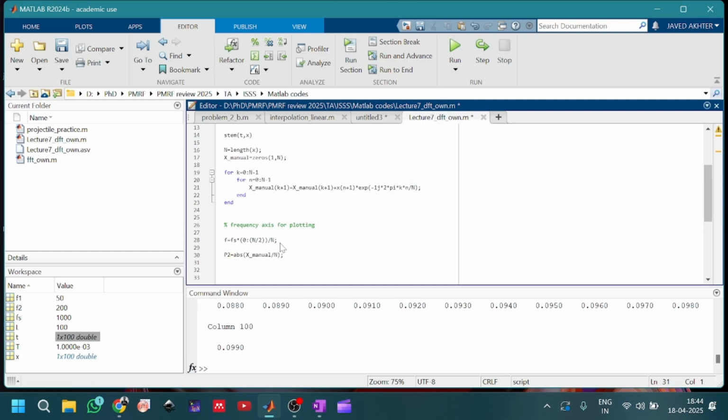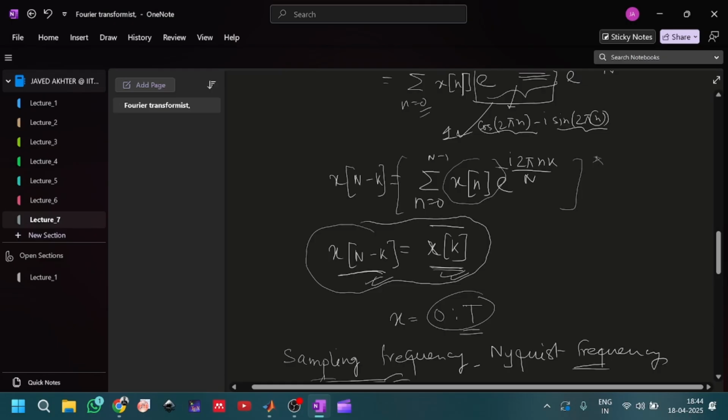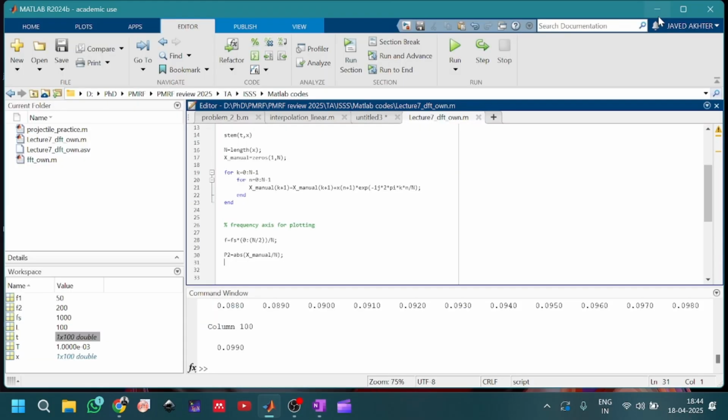And since there is symmetry between x n minus k and x k, we can write down P1 from 2 to n minus 1, which will be multiplied by 2. This factor of 2 is coming due to the energy conservation.